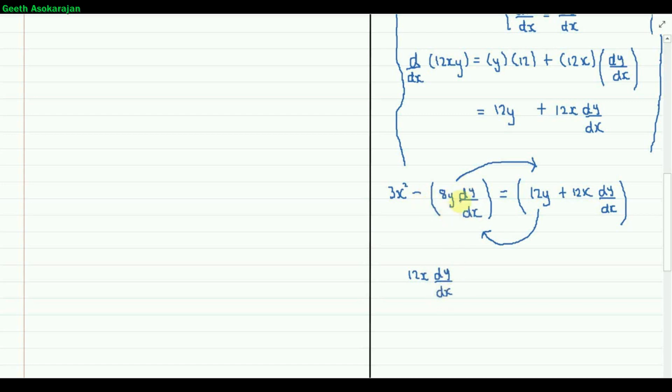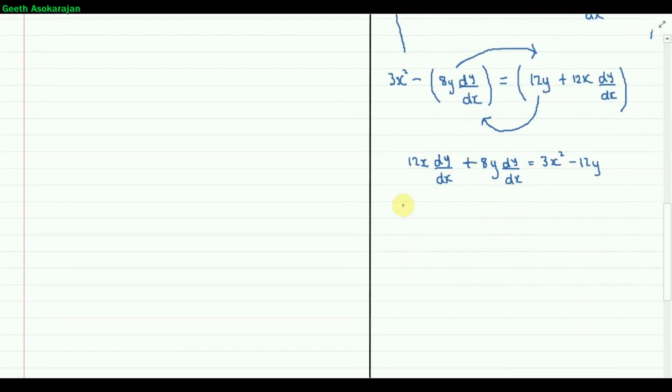Minus this dy over dx term moved to the right would make it a plus, so a plus 8y dy over dx. And that is equal to, I have the 3x squared term, but taking the 12y to the other side would make it a minus 12y.